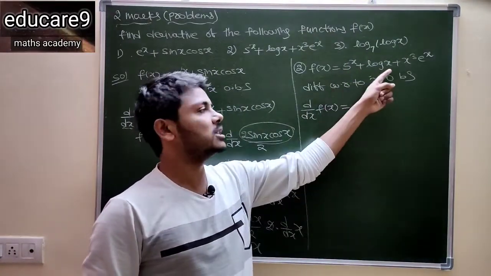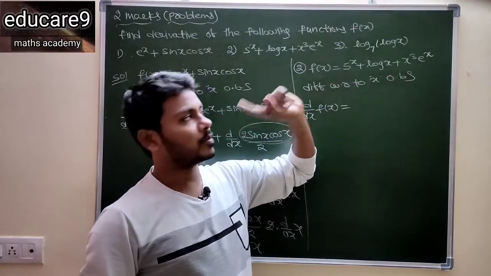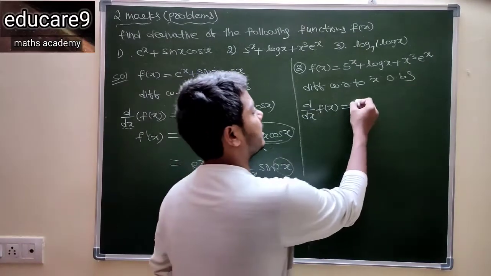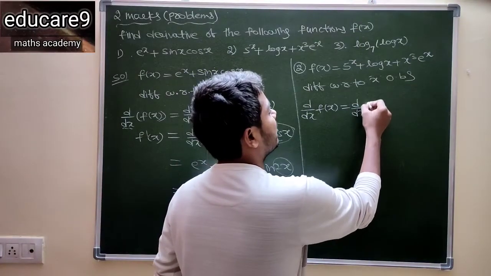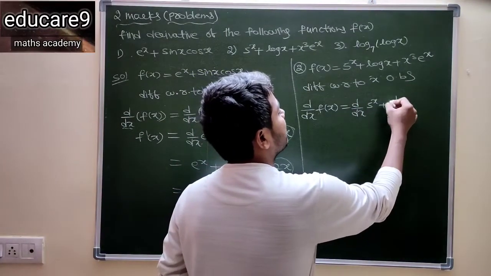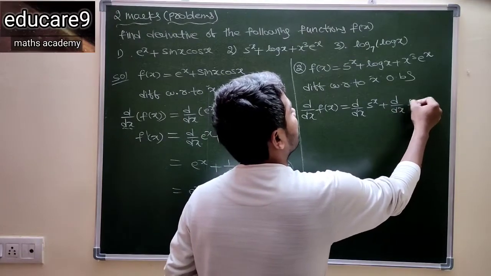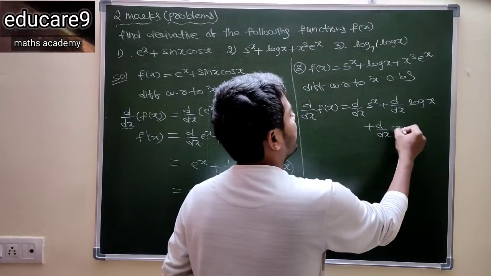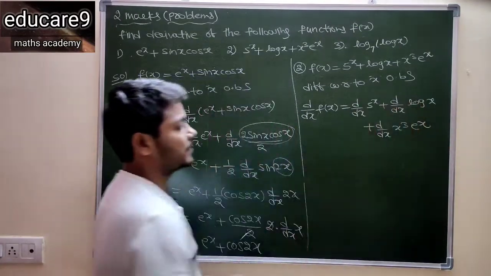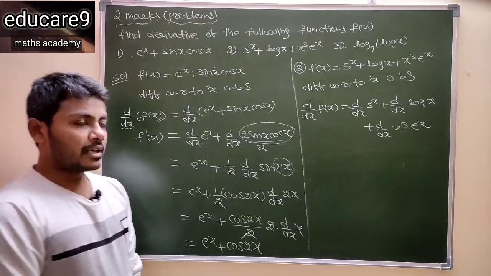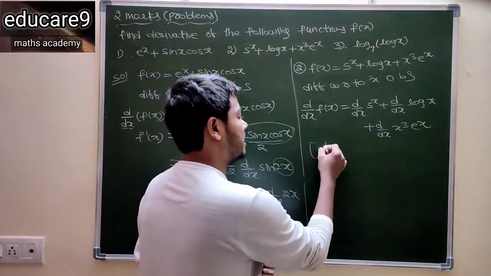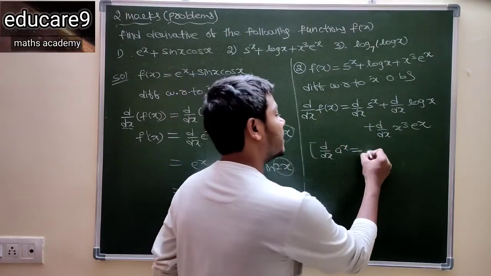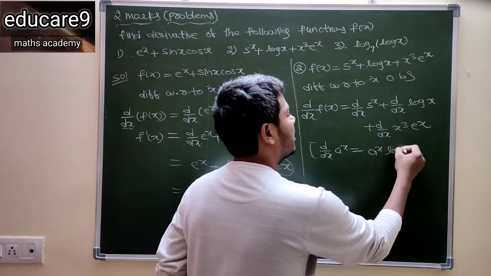So the derivative of this is the derivative of 5 power x plus the derivative of log x plus the derivative of x cube e power x. So write directly d by dx of 5 power x plus d by dx of log x plus d by dx of x cube e power x. See here, you know that d by dx of a power x is a power x log a.